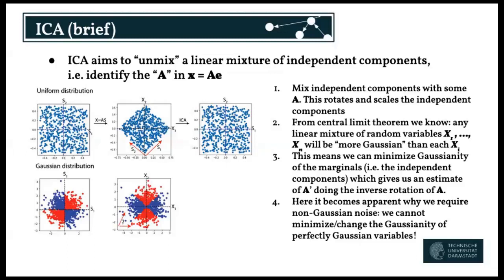Below there's an example of Gaussian distributions, and as Gaussian distributions are kind of circular, so to say, if you look at that, it's two-dimensional in this case, like a circle. And if you rotate a circle, well, good luck finding the inverse. So that kind of gives an intuition why this doesn't work with Gaussian noise distributions.